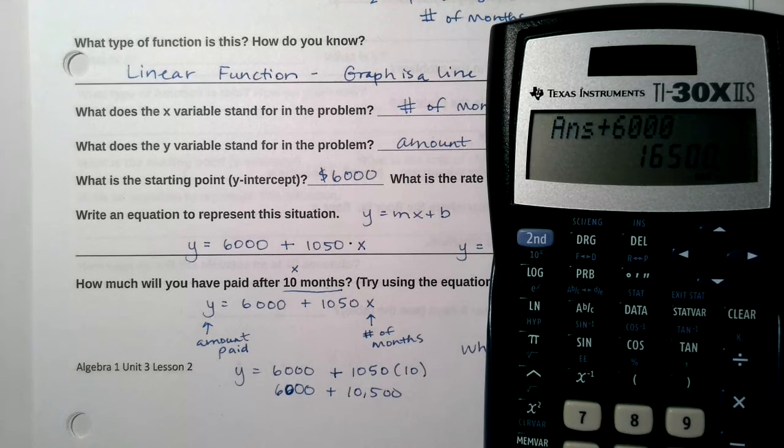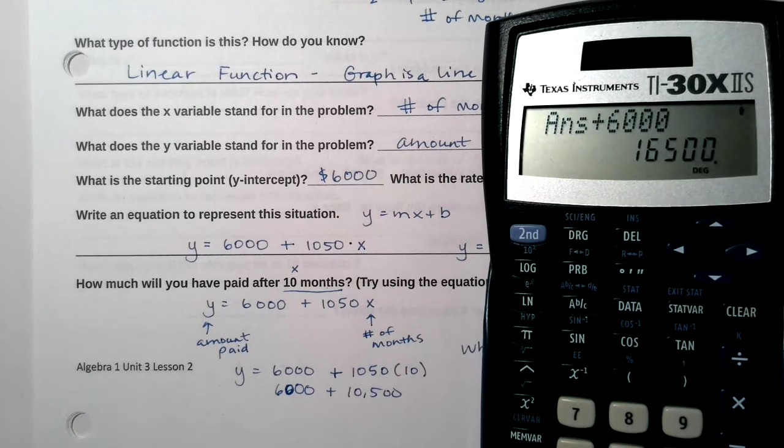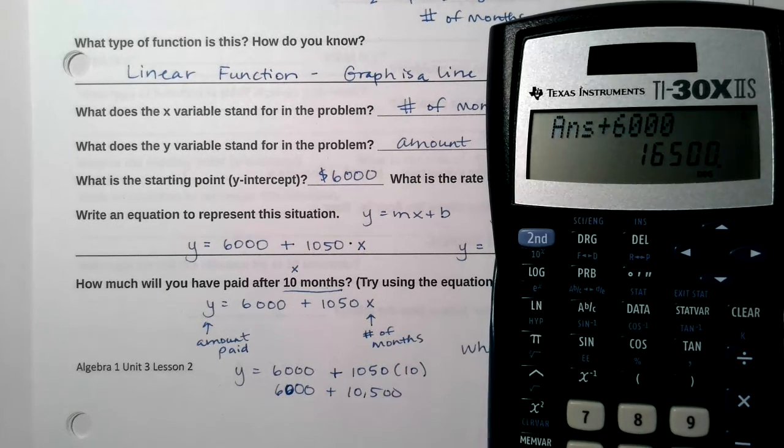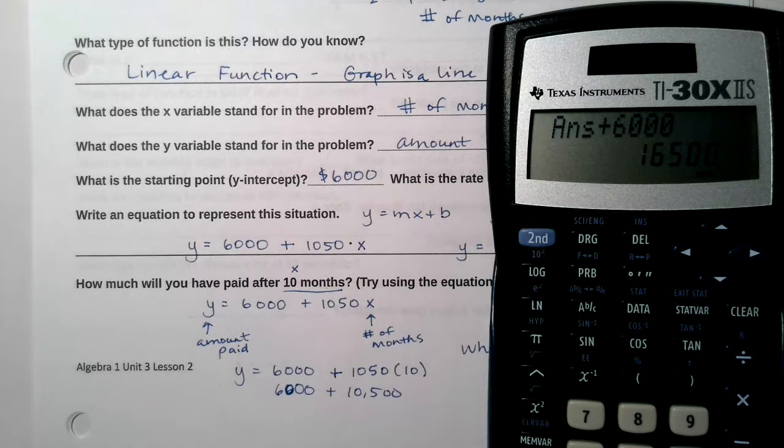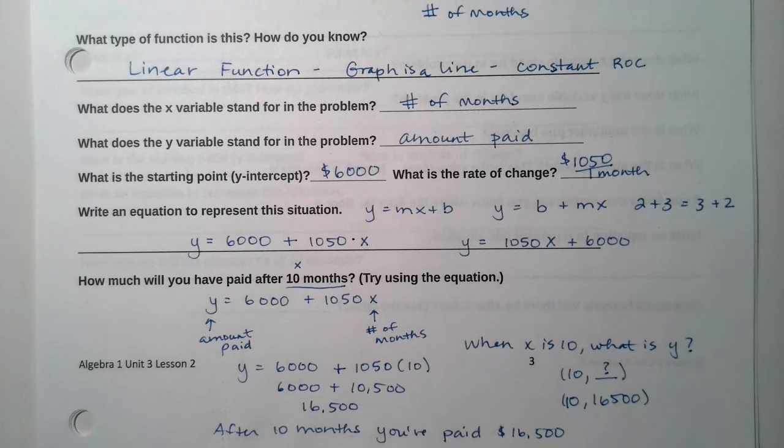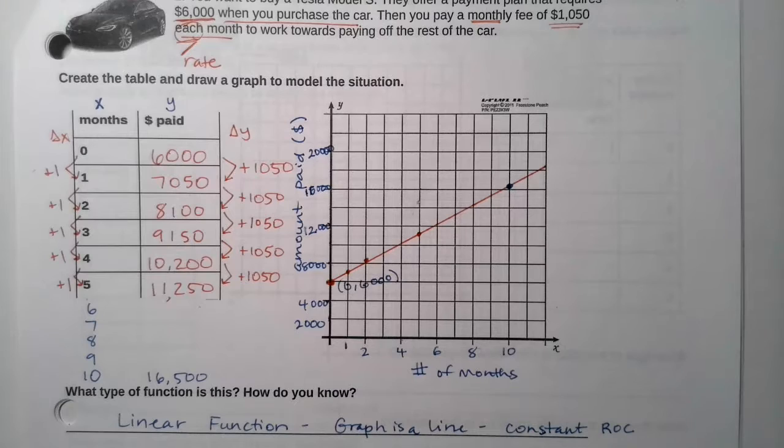I take that answer, and you can see that I have paid $16,500 at the end of 10 months. So after 10 months, you've paid $16,500. As an ordered pair, it would be (10, $16,500).